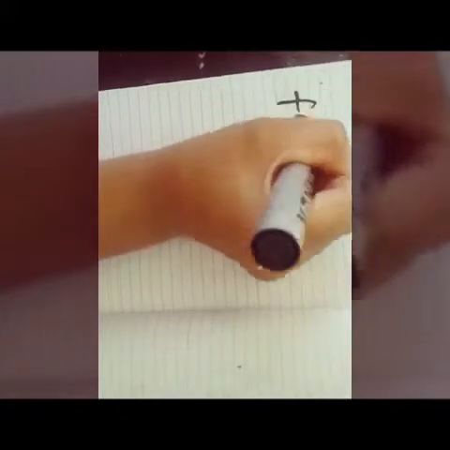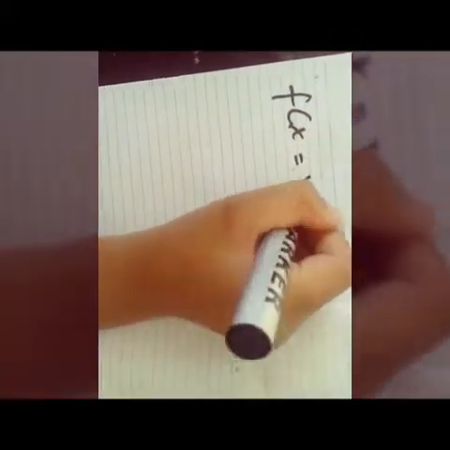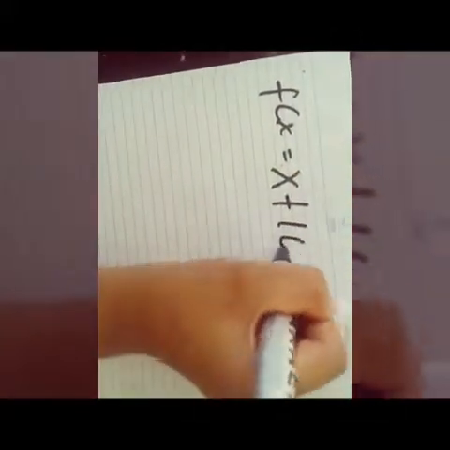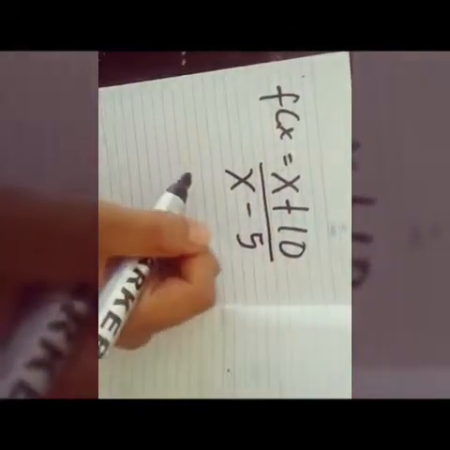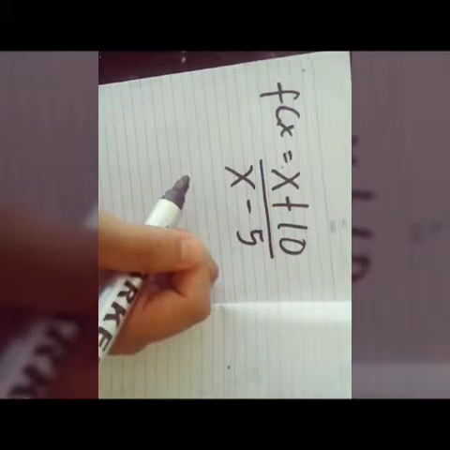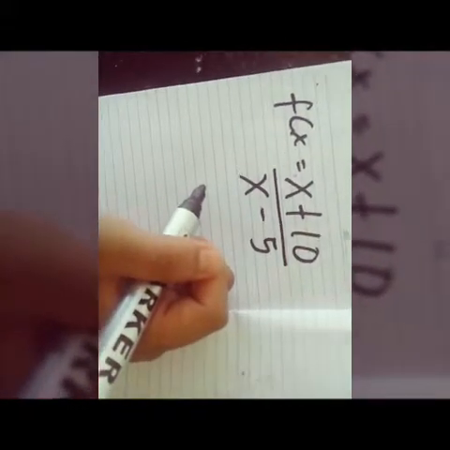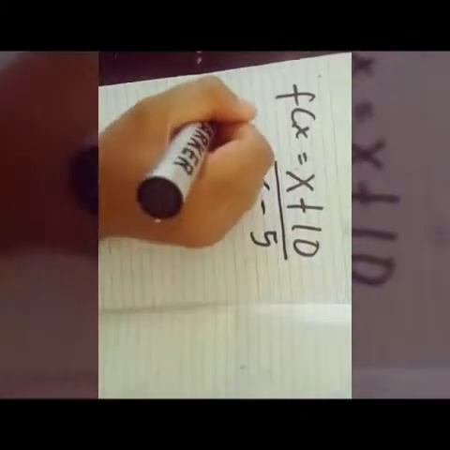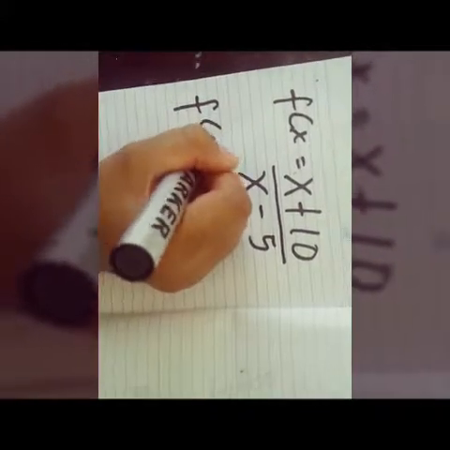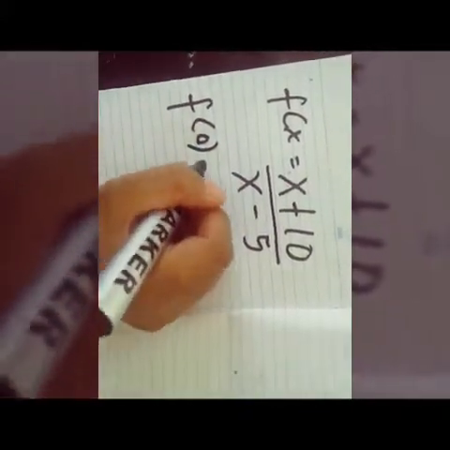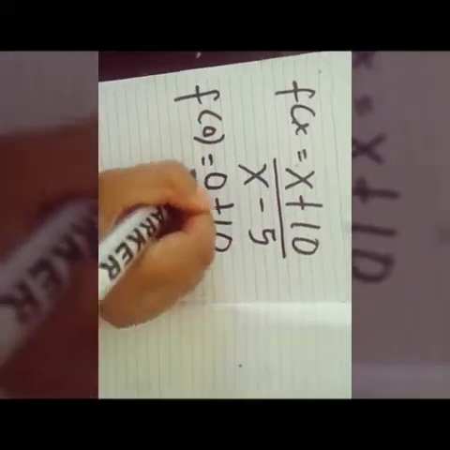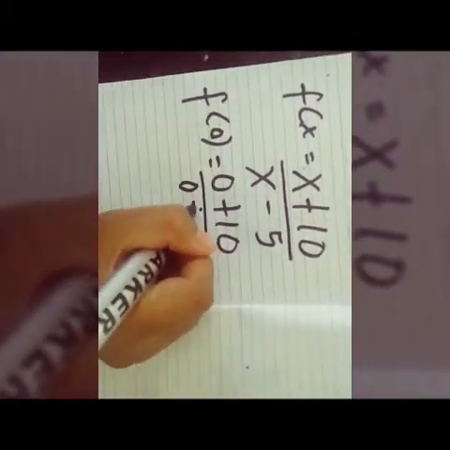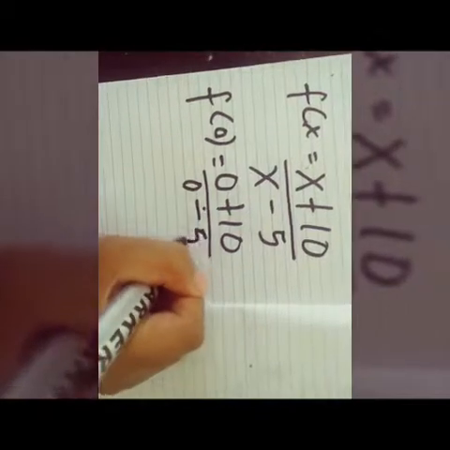The given number 2 is f of x equals x plus 10 over x minus 5. To find the y-intercept, we must substitute 0 for each x. f of 0, our x is 0, equals 0 plus 10 all over 0 minus 5.